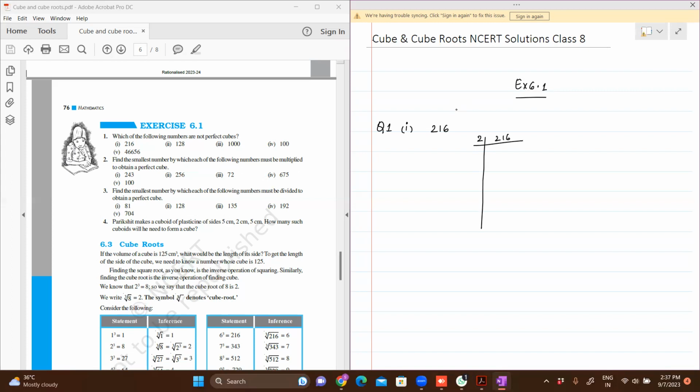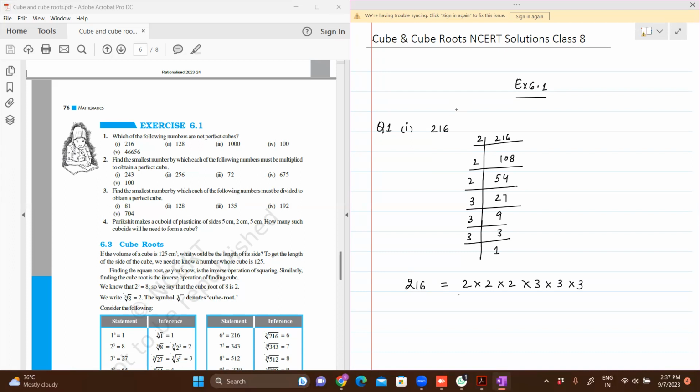So it will go 2 into 108, then again 2 into 54, again 2 into 27. Now it will go 3 into 9, again 3 into 3, and again 3 ones are 3. So ultimately, 216 is 2 multiply 2 multiply 2 and 3 multiply 3 multiply 3.